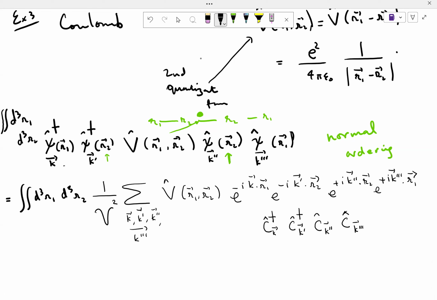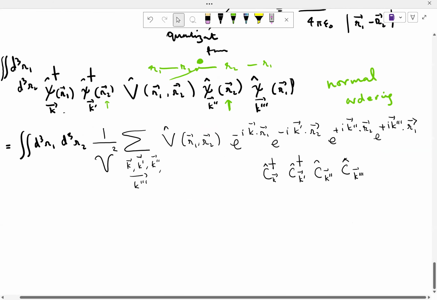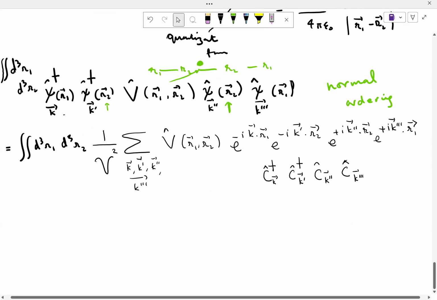So now the next step, I simply look at the first term here, this exponent and this exponent. And then I combine them, e to the minus i k minus k triple prime R1.